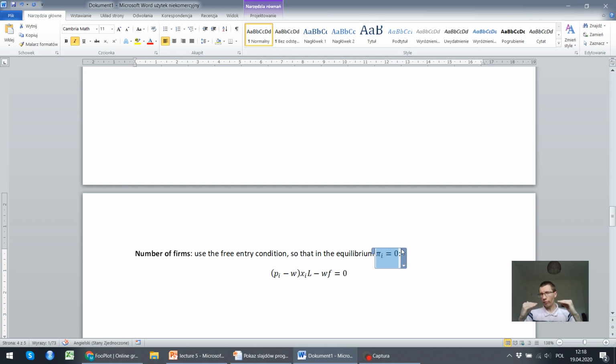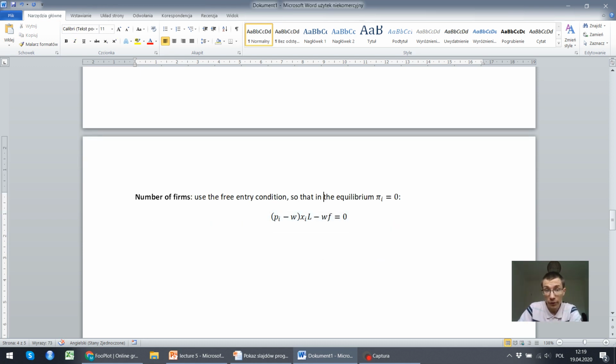The equilibrium level of profits for all the firms, as in the perfectly competitive market, is actually 0, all right? And this zero profit condition, or the free entry condition, which we write down as profits equal to 0 on the left-hand side, will give us the equilibrium number of firms.